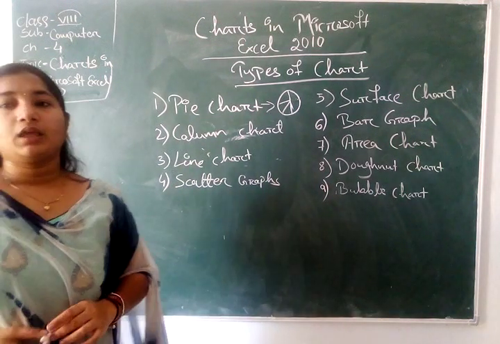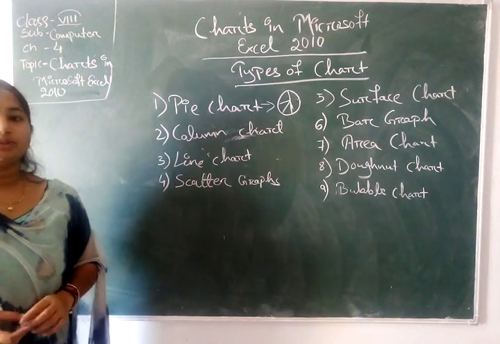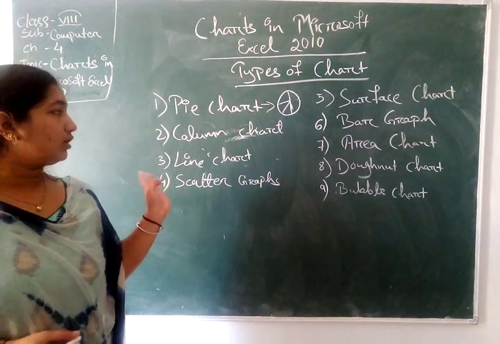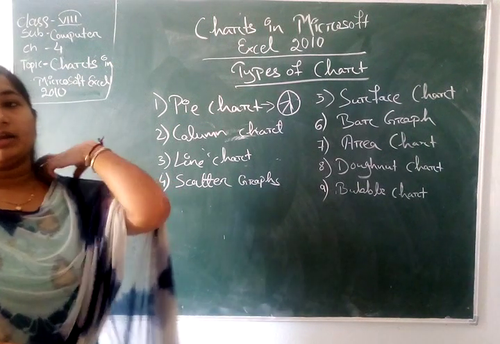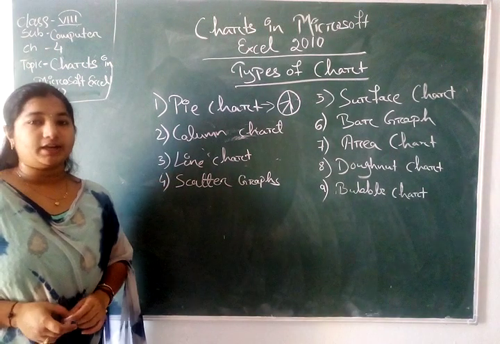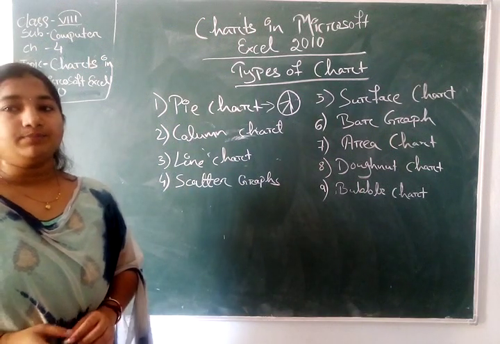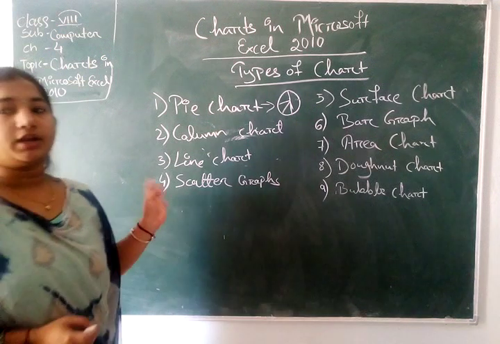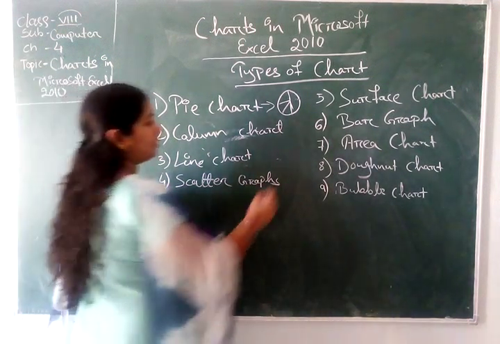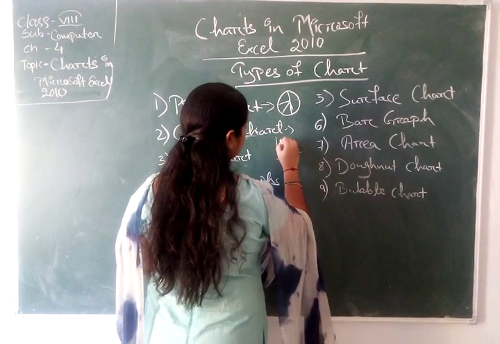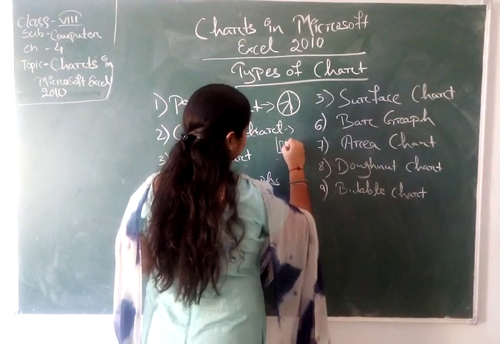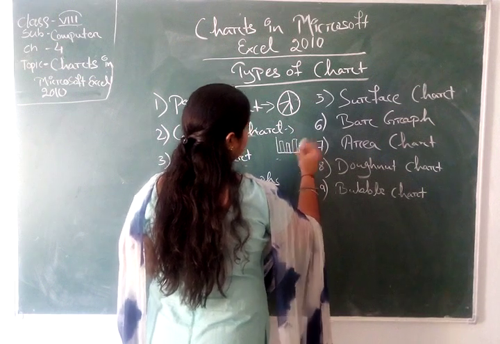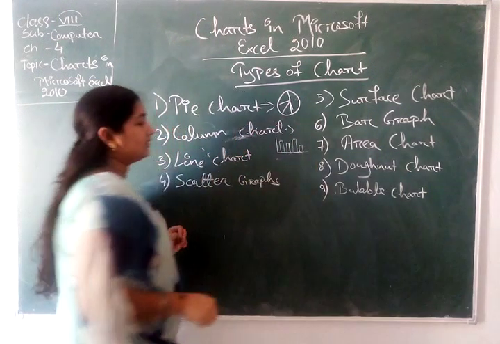This is one of the most commonly used chart types, and it is used to show the change in data over a period of time, and it is oriented vertically. The column chart is represented like this.